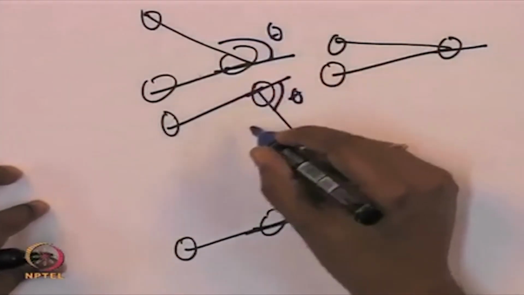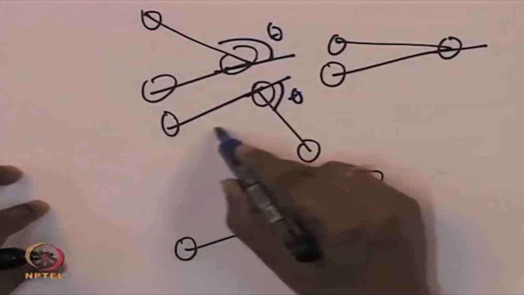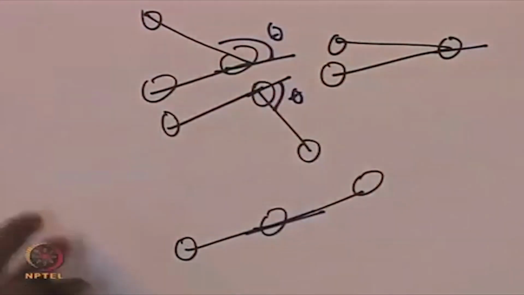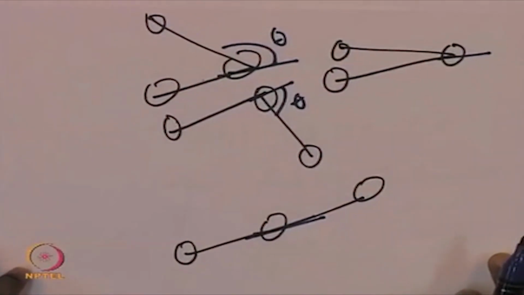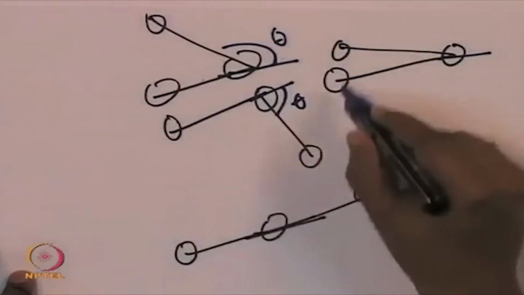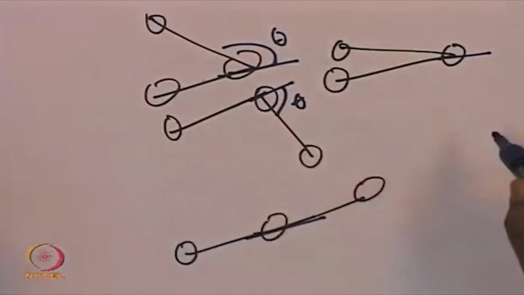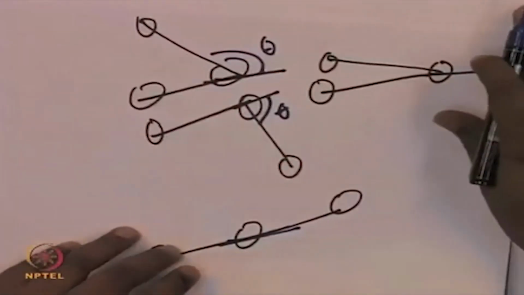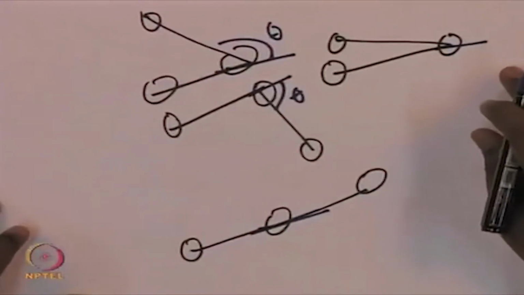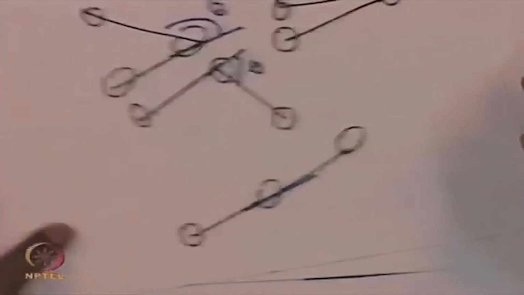This angle can take any value starting from 0 to 2 pi. So, the total number of states will be all possible sums of these conformations. You can take theta any value from 0 to 2 pi. If we take this into account, we can get the entropy of this. So, let us do this.